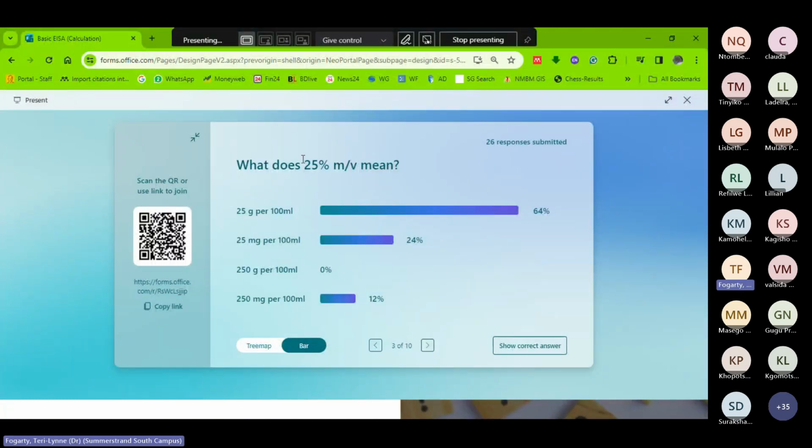And so in this case, it's going to be 25 grams in 100 mils, which is this top answer over here. It's not milligrams, it's not 250 grams, it's also not 250 milligrams. What some of you have tried to do is convert grams to milligrams, but it would be 2,500 milligrams per 100 mil for this bottom one to be correct.